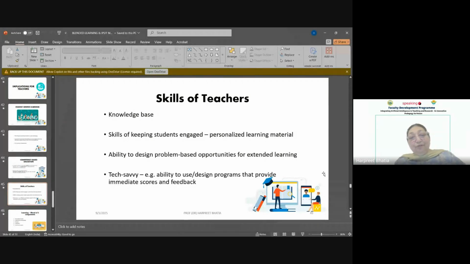Unless we have enough knowledge base, the students will always be ahead of us, and we have to ensure that we are at least one, if not two steps ahead of the students. And we need to make sure the details that we are presenting to the students is engaging. They are able to understand, and they are able to assimilate, and they are able to enjoy whatever they are learning.